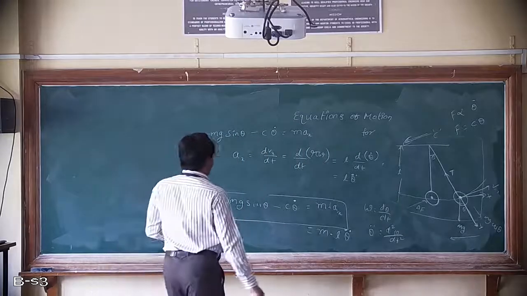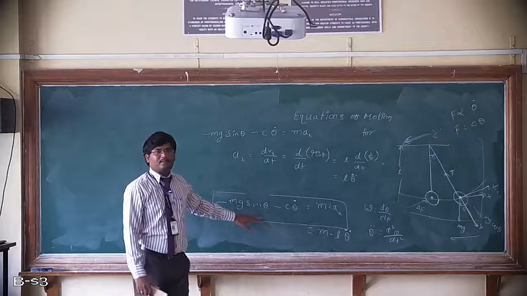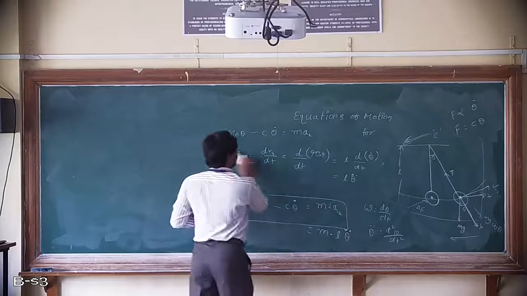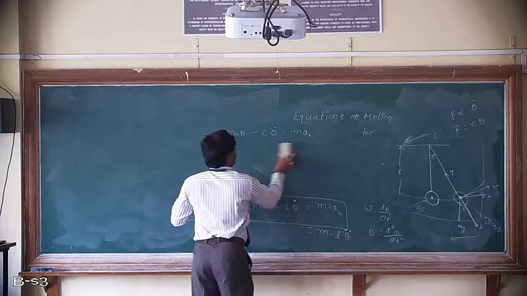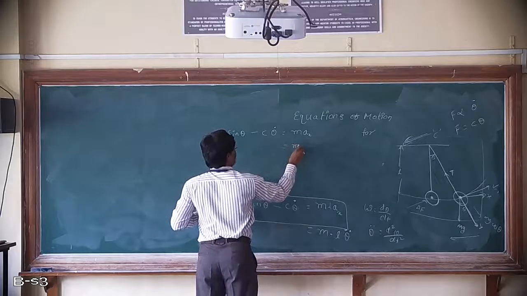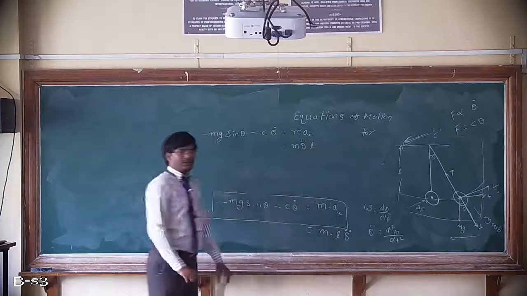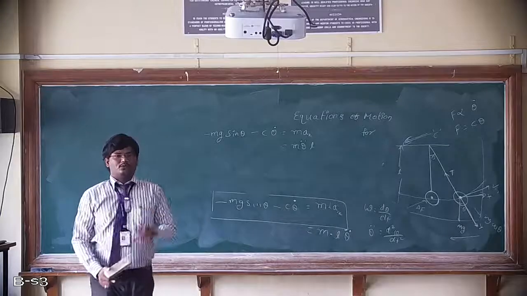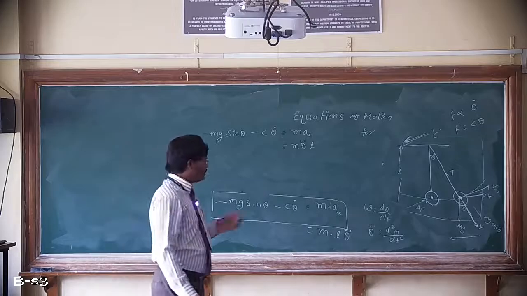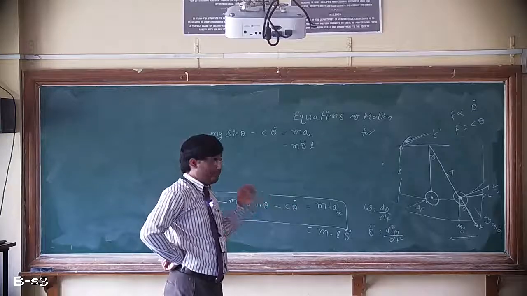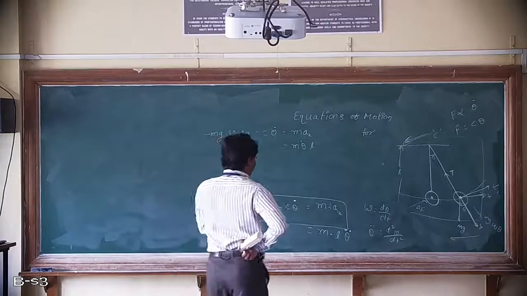So is it clear up to here? Finally you can write this equation as minus mg sin theta minus c theta dot equals m theta double dot L, right? If you solve this equation, you can analyze the motion of simple pendulum in x direction.